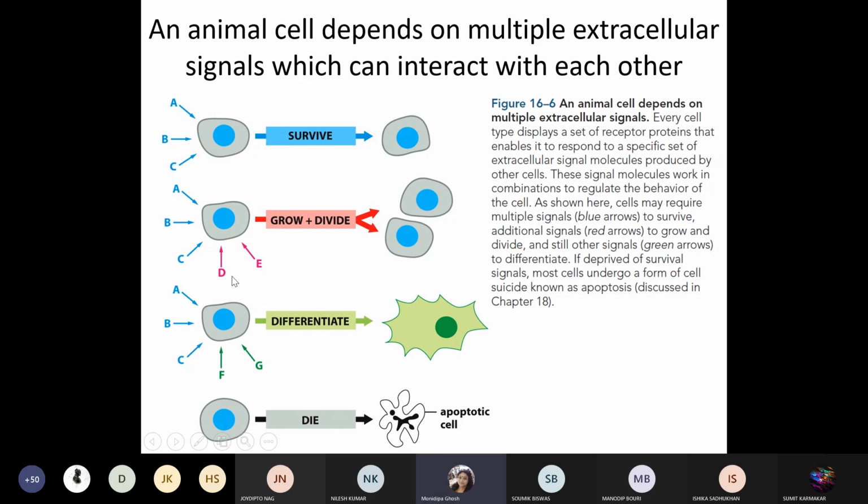They make the cell grow and divide, and they help to make the cell differentiate.